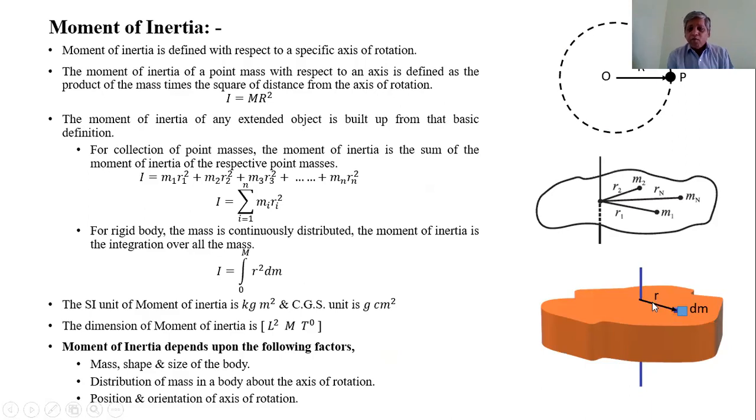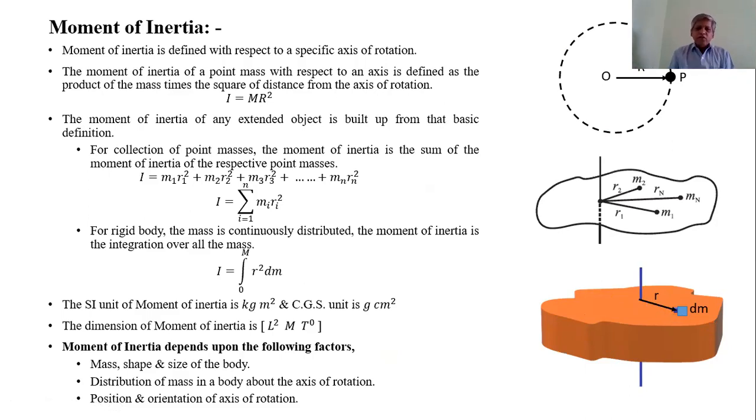At that time, the moment of inertia of such a rigid body, which is shown in figure 3, is equal to integration of r square dm. Here the mass changes from 0 to capital M.